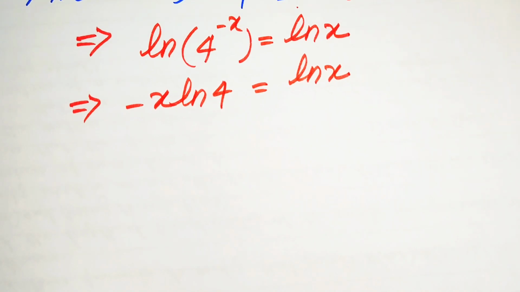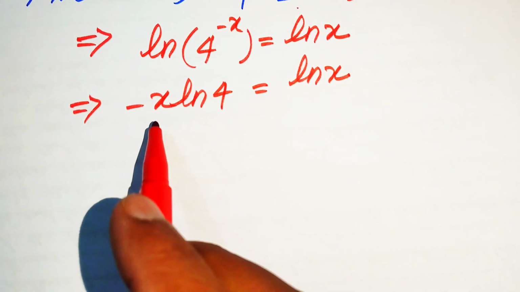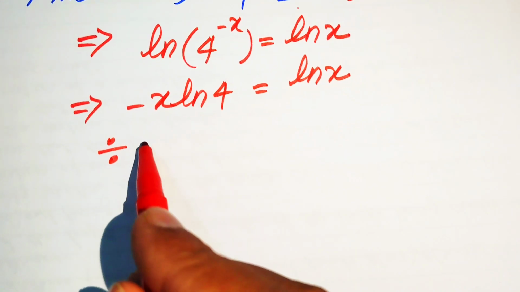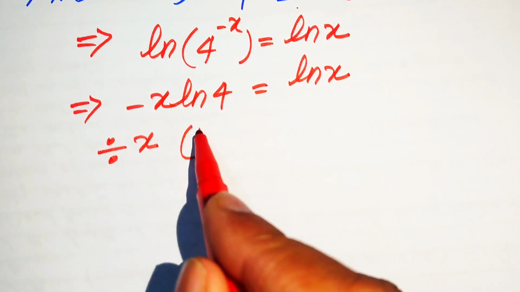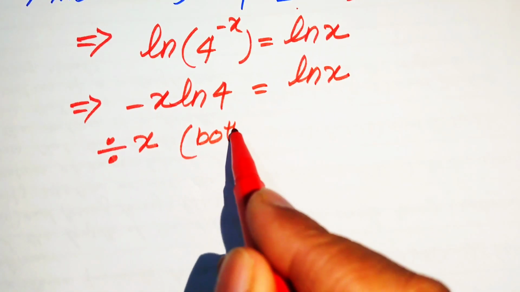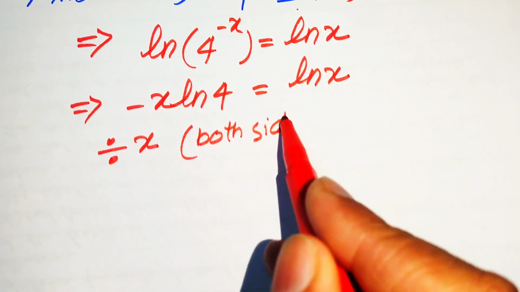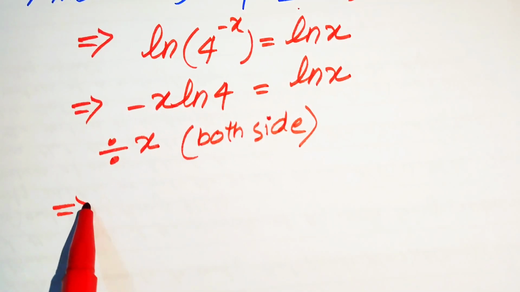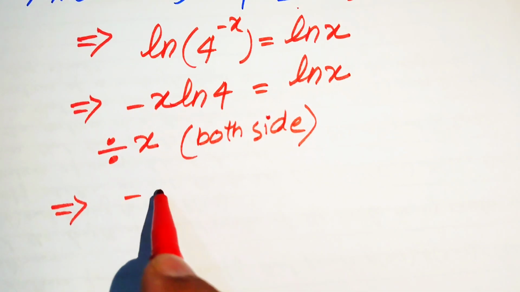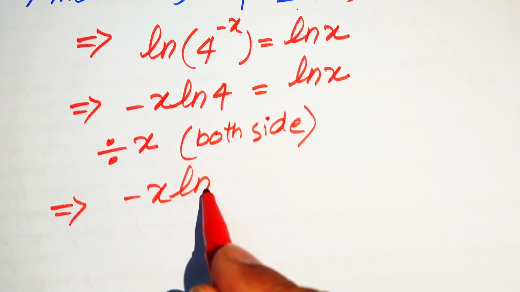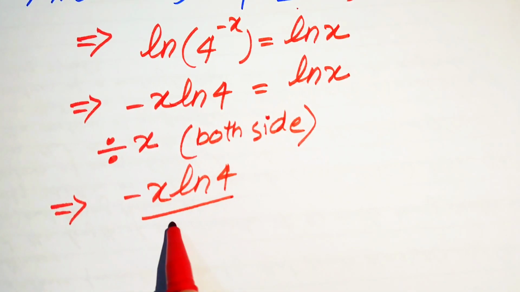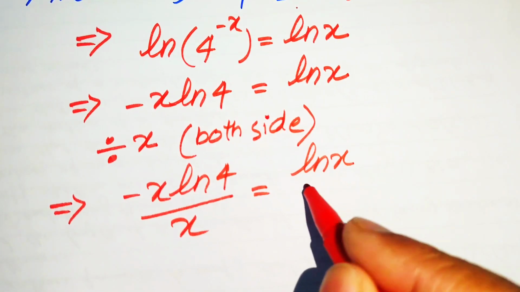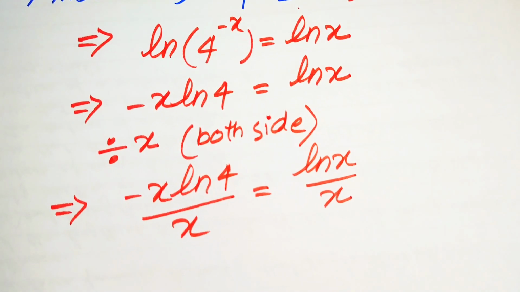So further in the next step, we need to move this x to the right hand side, so that now we divide x on both of the sides of the above equation. So after dividing both sides by x, our above equation is written as minus x log 4 divided by x equals log of x divided by x.